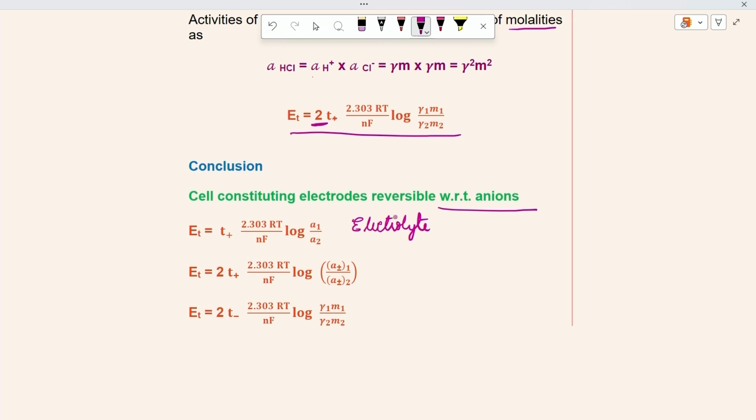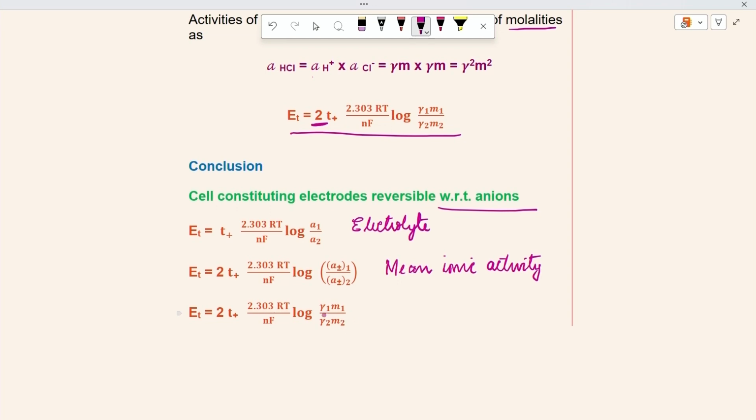Activities in terms of electrolyte. When these are in terms of mean ionic activity, in that case, remember, you have 2t+ 2.303 RT by nF log of the mean ionic activity of 1 divided by the mean ionic activity of 2.